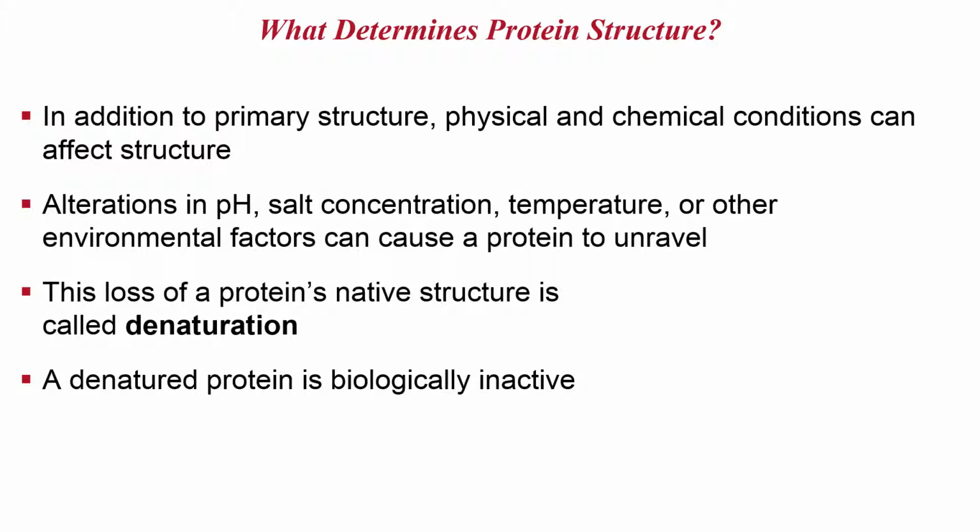Alright, so we talked about how the genetic code affects protein structure. But what about other physical, environmental, chemical factors? How does that affect protein structure? Well, what about pH? What about salt? What about temperature? What does that do to the overall protein and how it functions?